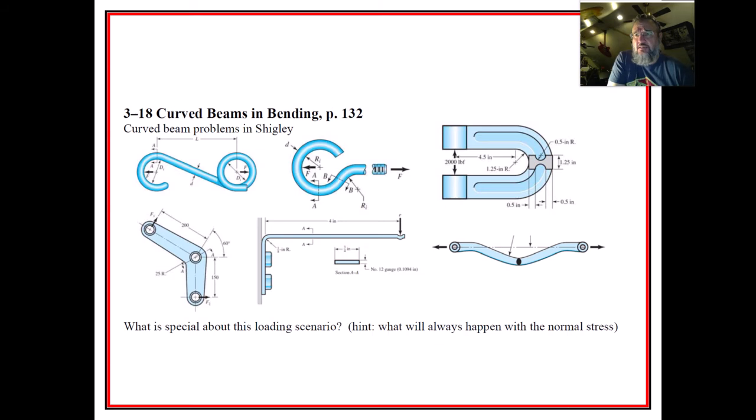That's the hint that I'm giving you. The answer is that in all of these cases, we're going to have bending and axial at the same time. And so we have to address both of those things, both a simultaneous bend and axial going on here.